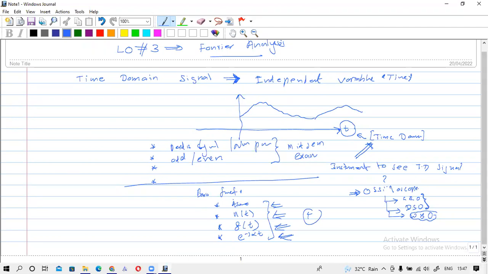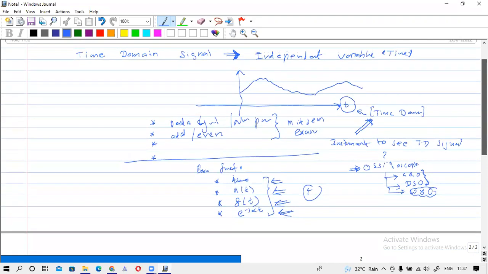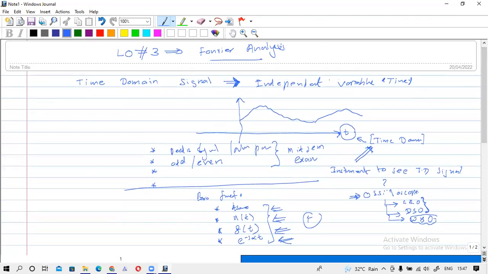And also we have discussed some time transformation techniques. Time is the independent variable, and we change this independent variable; we call it time transformation. Under LO2 we have discussed time transformation. That is also related with the time domain signal.